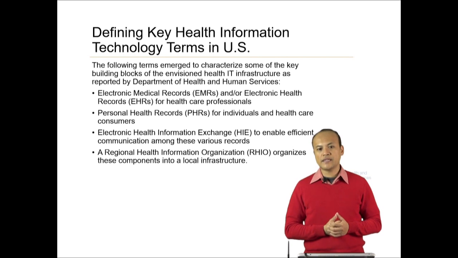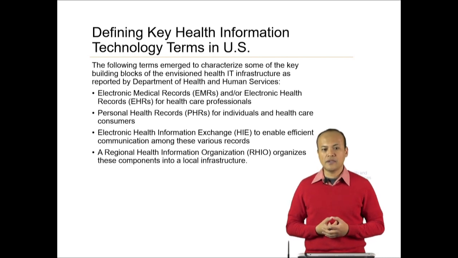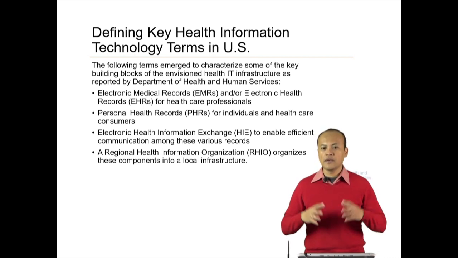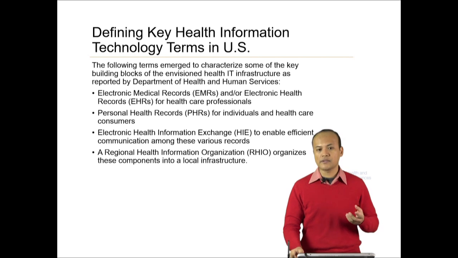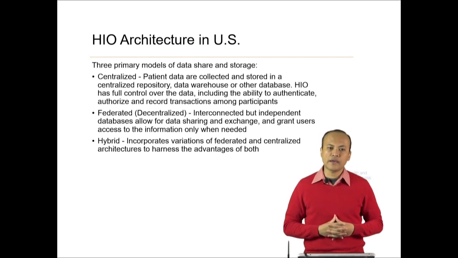The health information exchange is the enabler for efficient communications. And then the regional health information organization, or RHIO, is the one that organizes these components into a local infrastructure.